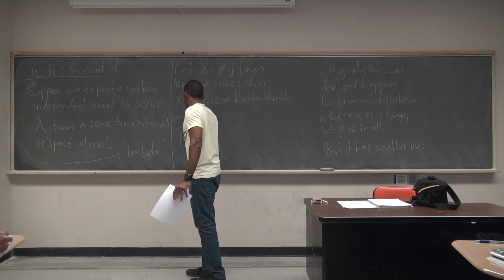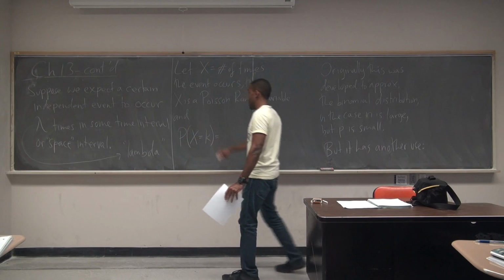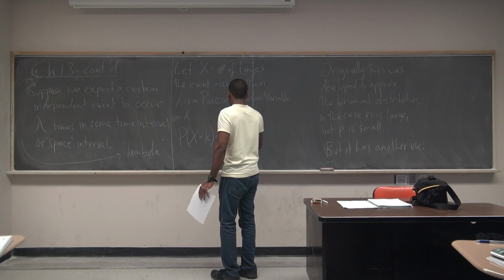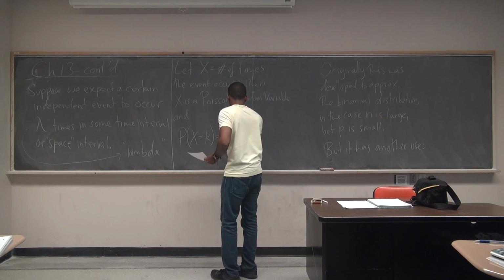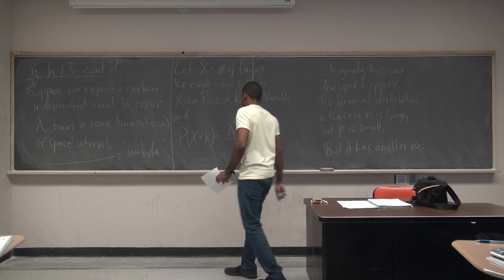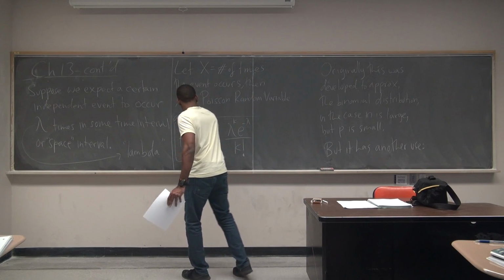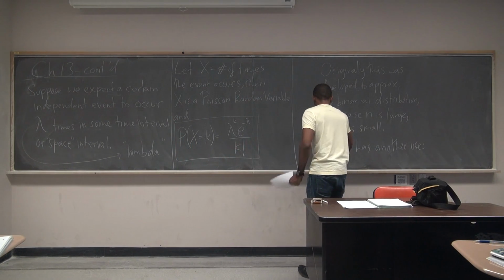The probability that x equals k, that this thing we're looking for will happen k times, is lambda to the k, e to the minus lambda, over k factorial. So that's the formula.